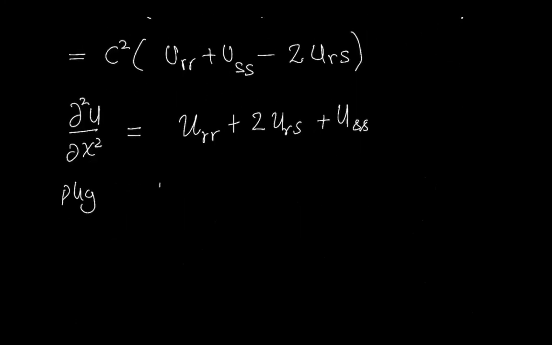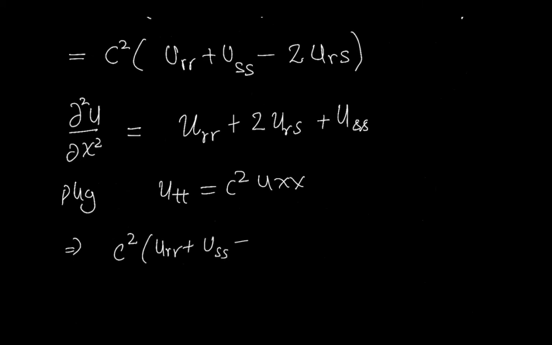Now plug that thing into u t t equals c squared u x x. What is u t t? It's c squared times u r r plus u s s minus 2 times u r s, equal to c squared times u r r plus u s s plus 2 u r s.